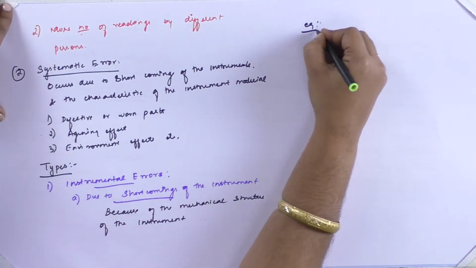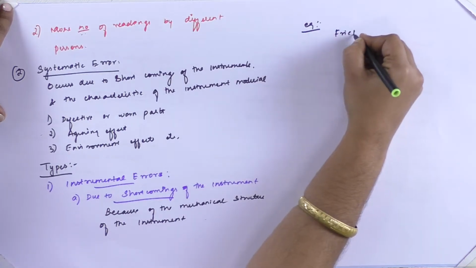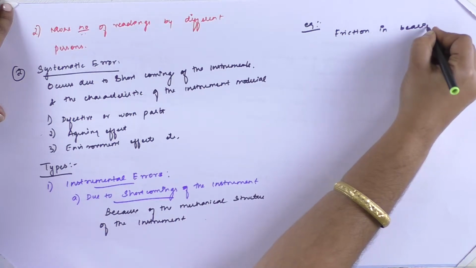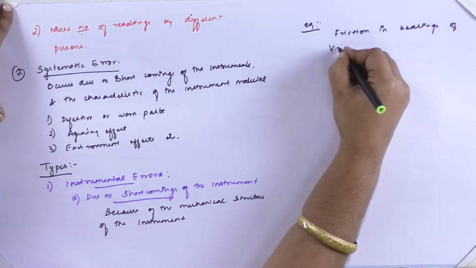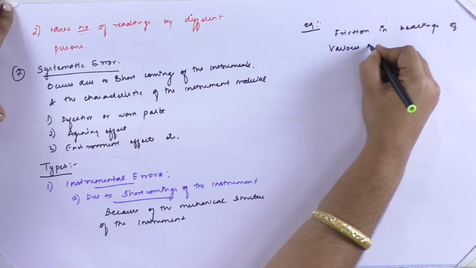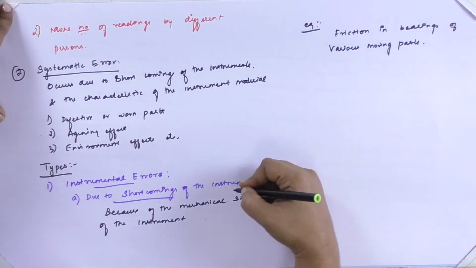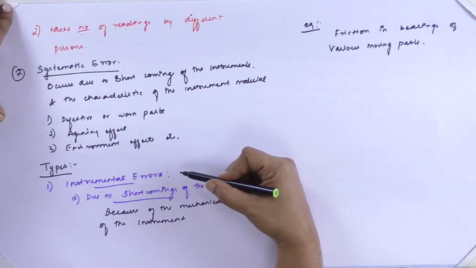Example, friction effect which occurs in the bearings of various moving parts in the instrument causes this shortcoming, which leads to instrumental errors.